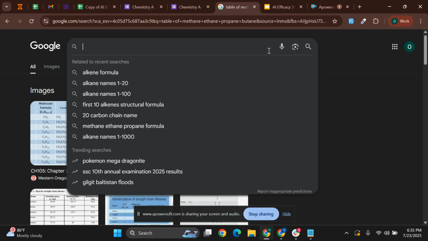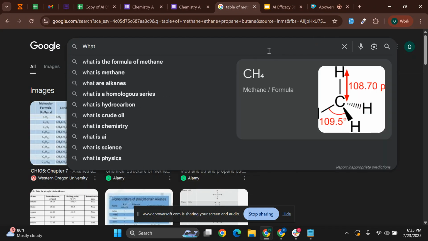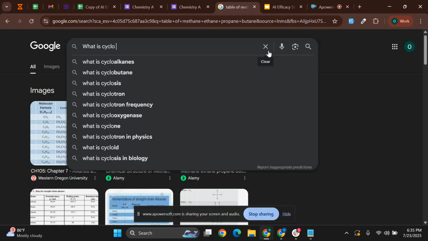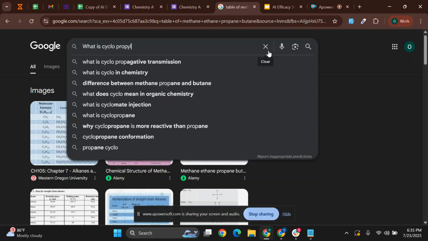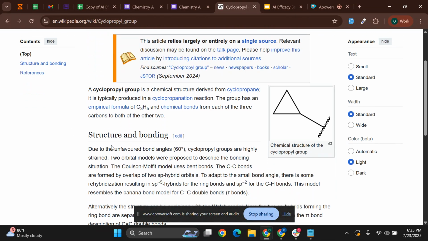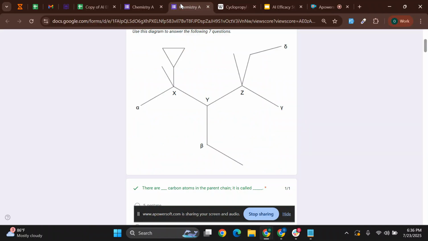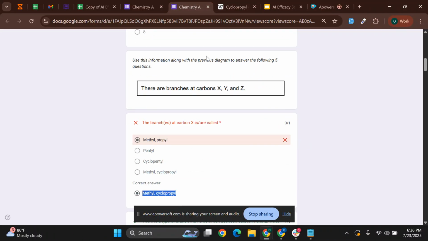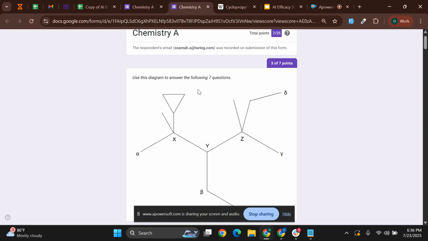First of all, a cyclopropyl group is a chemical structure derived from cyclopropane. Okay, this is the cyclopropyl group. So 2-cyclopropyl means 1, 2, I think.